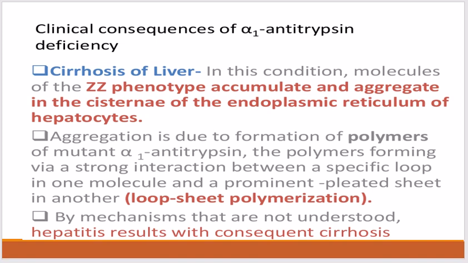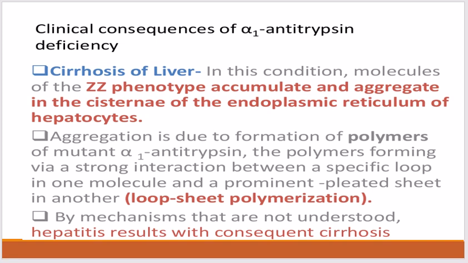The clinical consequences of alpha 1 antitrypsin deficiency also include cirrhosis of the liver. In these conditions, the molecules of the ZZ phenotype accumulate and aggregate in the cisternae of the endoplasmic reticulum of the hepatocytes. This aggregation is due to the formation of polymers of mutant alpha 1 antitrypsin.